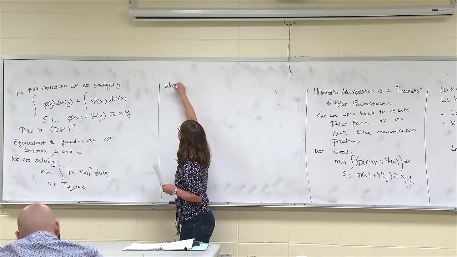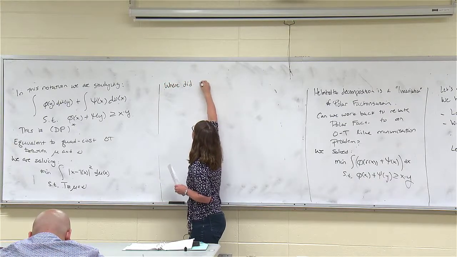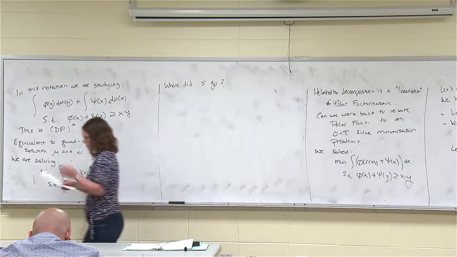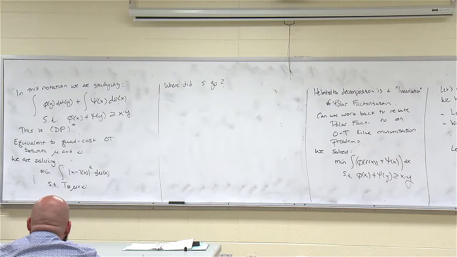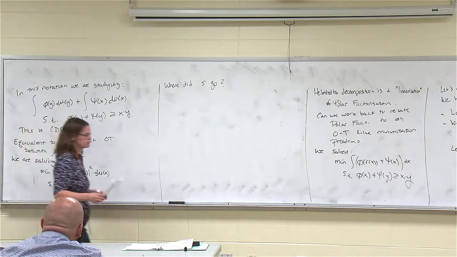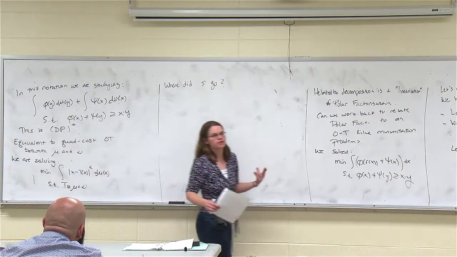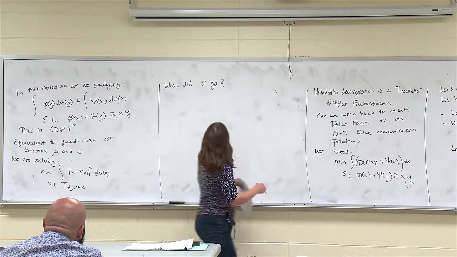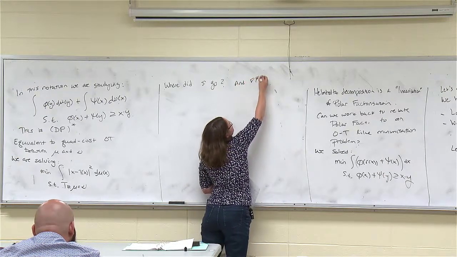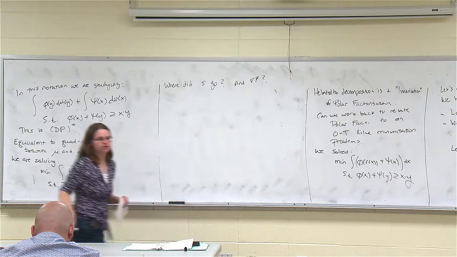Where did S go? And also the gradient of C, because that came up in the factorization. So those were the two terms that came up when we tried to factor R.